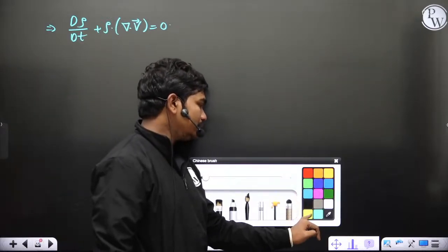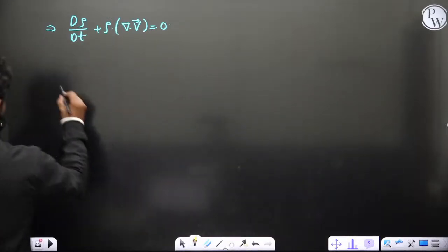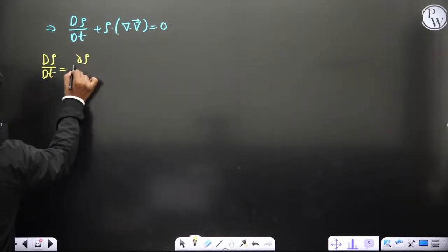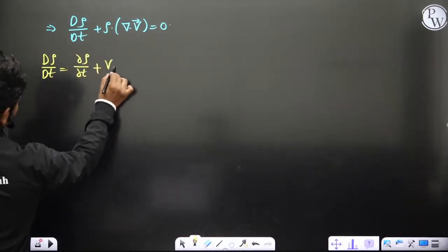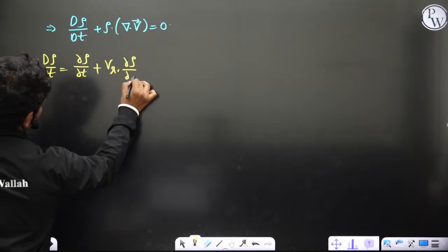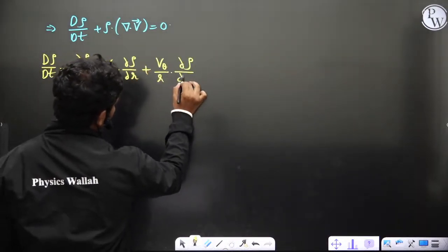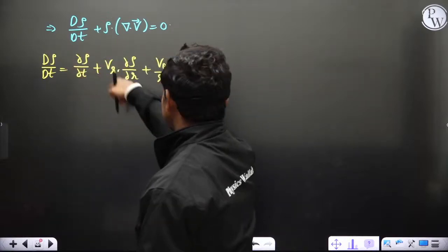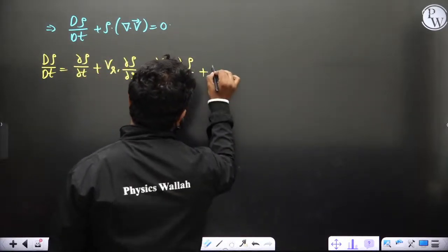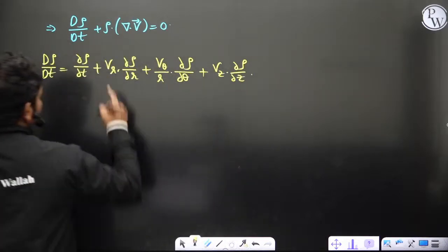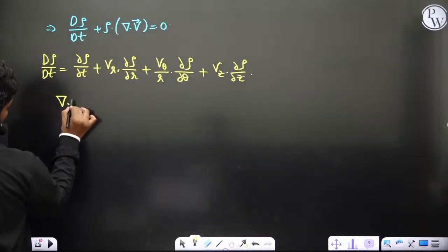And here, d rho by dt is dou rho by dou t plus vr dou rho by dou r plus v theta by r into dou rho by dou theta. It's the gradient, so v dot del. So plus vz times dou rho by dou z is what you have.